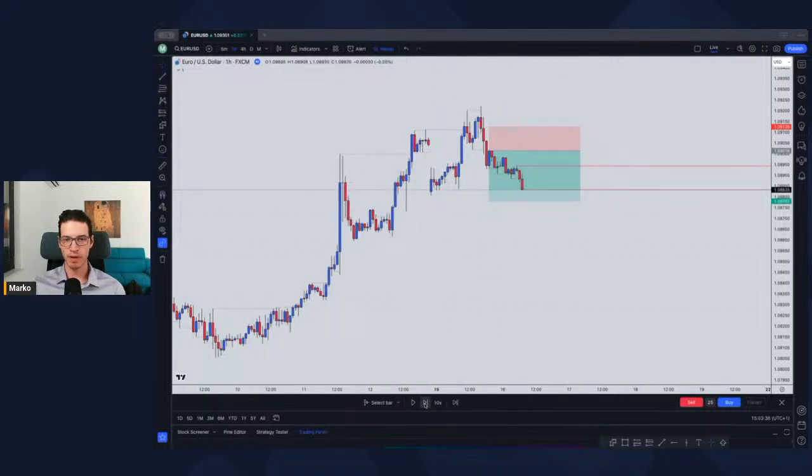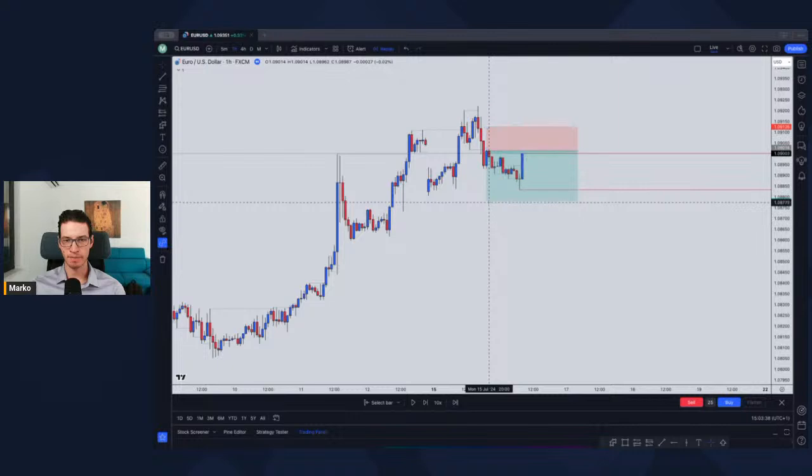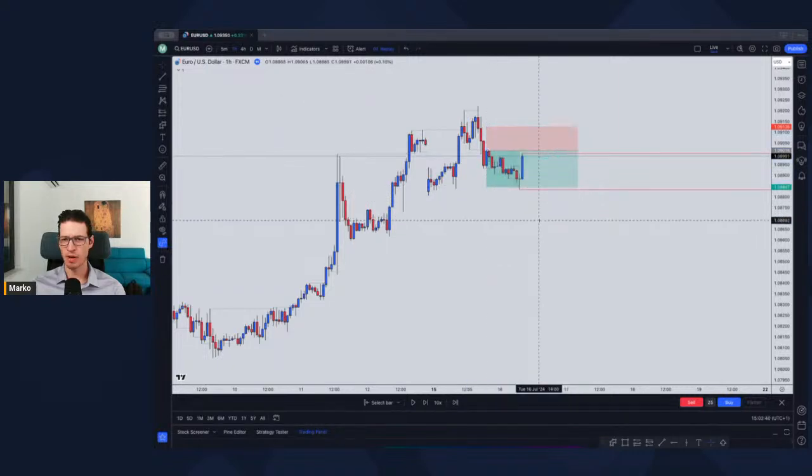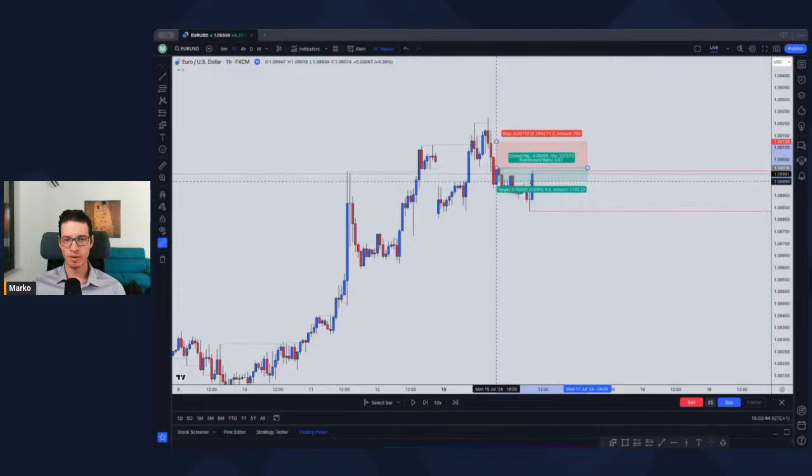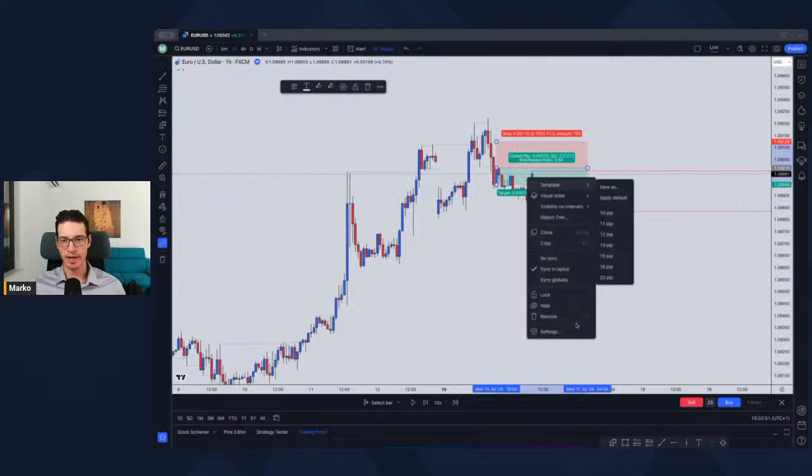At one point, it was running, what was it, around 1.5%. So it was doing okay, and then I got stopped out because my stop loss was 2 pips above this high.